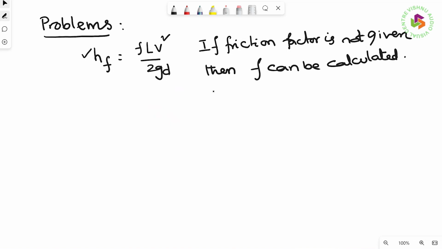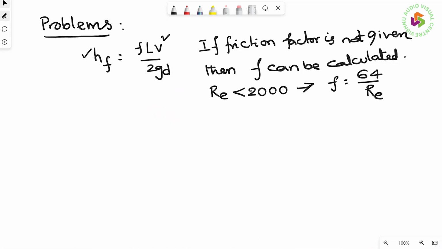But again, if Reynolds number is less than 2000, use F is equal to 64 by Re, where Re is equal to rho VD by mu, or VD by kinematic viscosity.